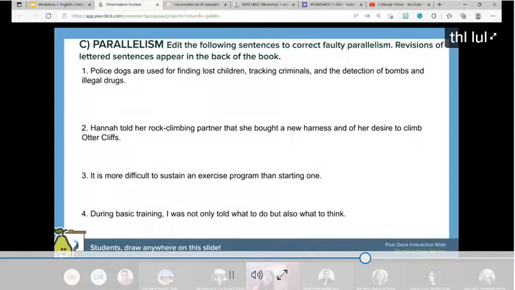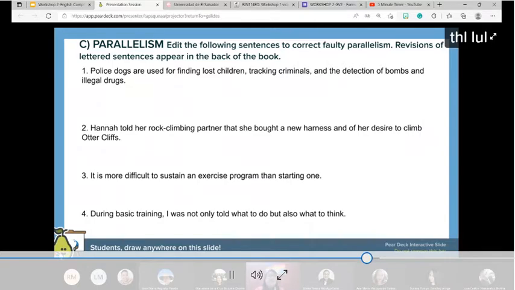Or if that conjunction has a simple present sentence on one side, we must have a simple present sentence on the other side. So keep that in mind. It's like having a mirror: the structure that you have on one side must match the structure that you have on the other side.